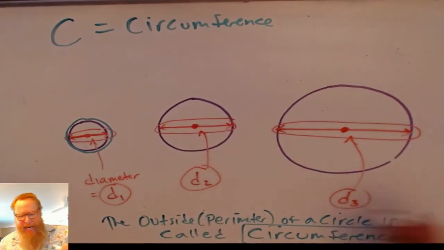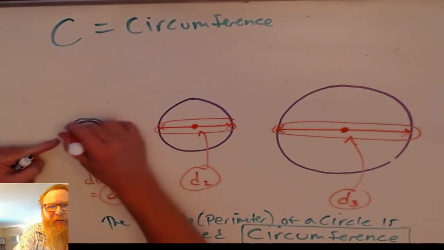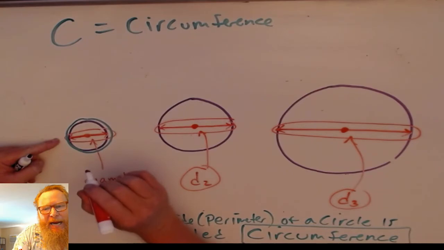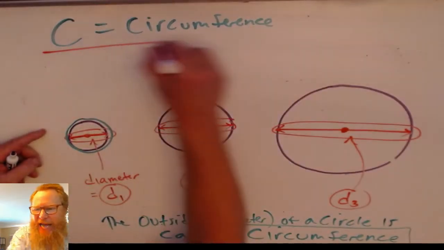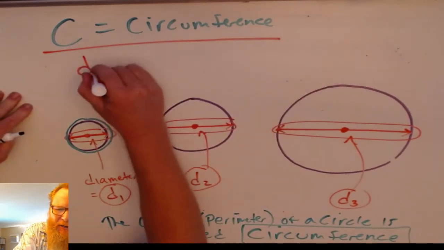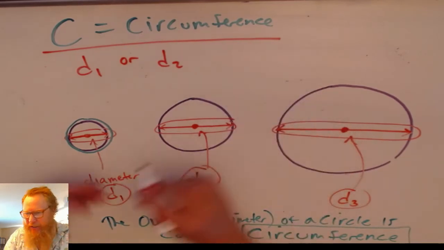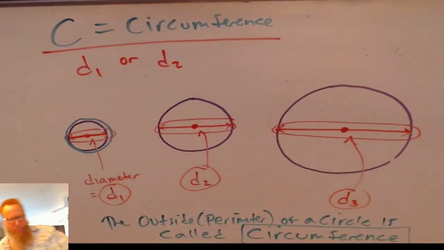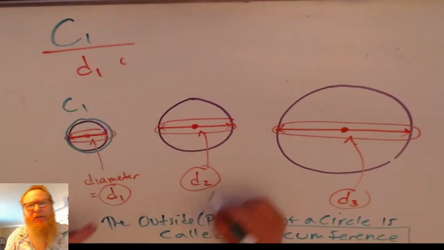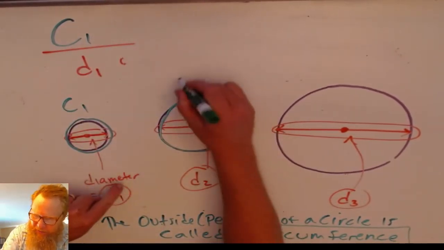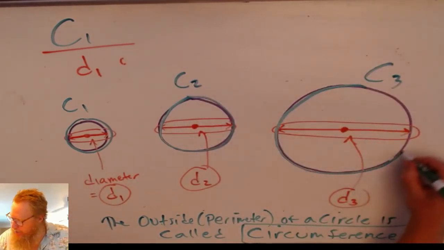The diameter would always be related to the circumference in such a way that if you took the circumference and you divided it by the diameter, and it didn't matter which diameter you used, so I'll say C1 for the small circle, C2 for the medium circle, and C3 for the larger circle.